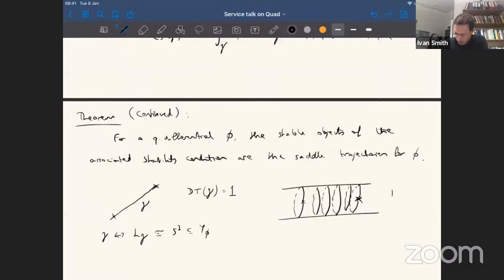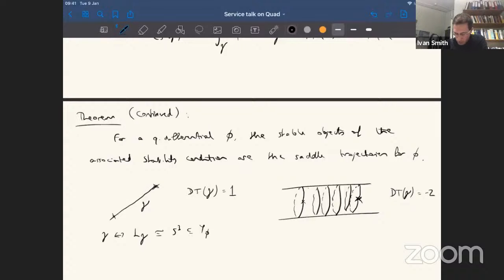So these would live in a hat homology class gamma whose DT invariant was -2, corresponding to a moduli space of stable objects being P1.